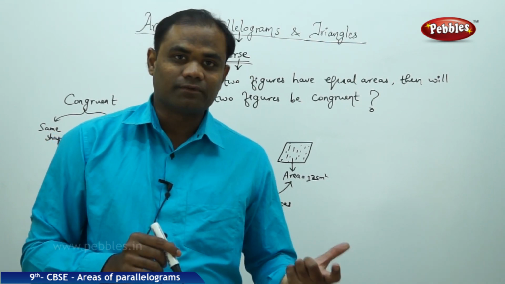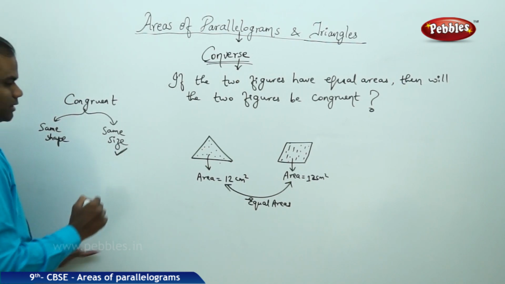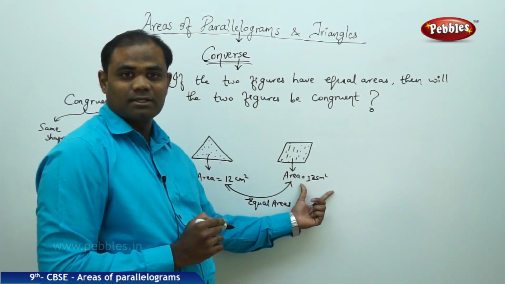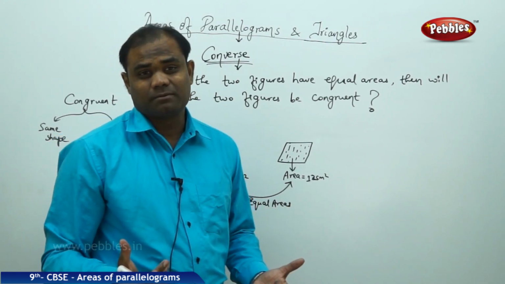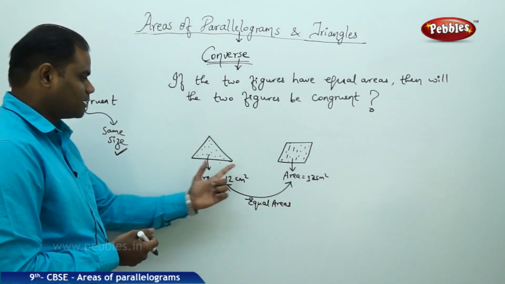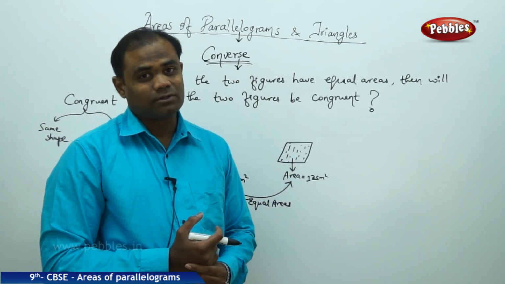In justifying that two figures are congruent, we have to justify the same size. Yes, of course, they are of the same size, each being 12 centimeters square, but are they of the same shape? No, this is a three-sided figure and this is a four-sided closed figure, so they are not of the same shape.